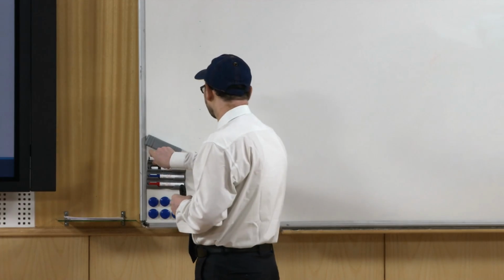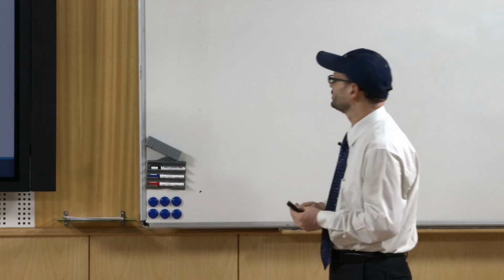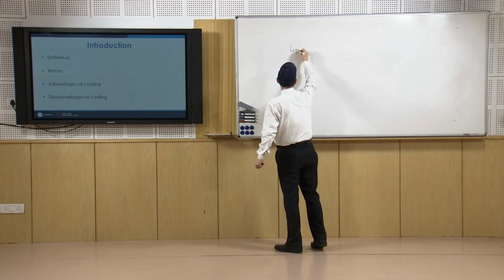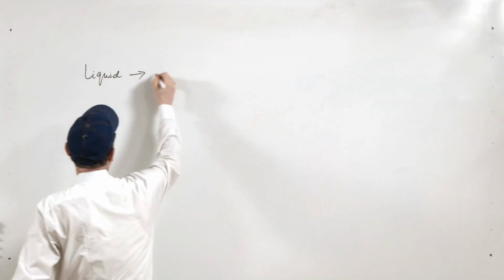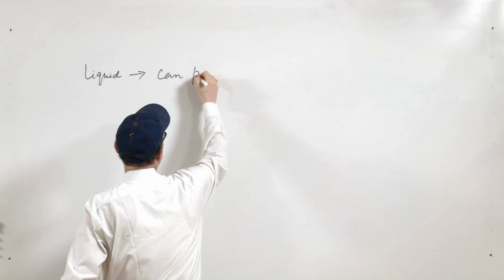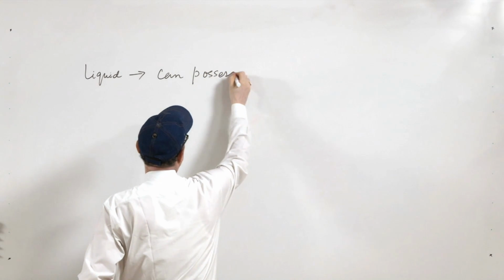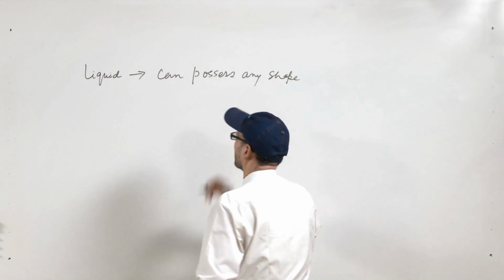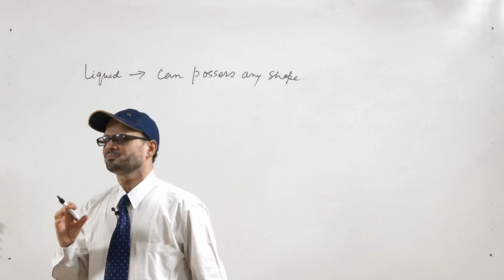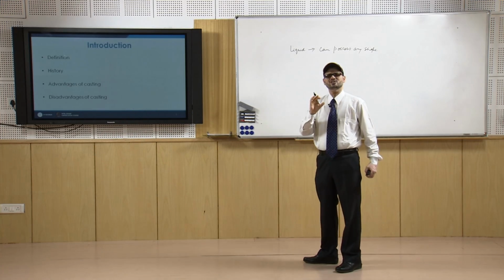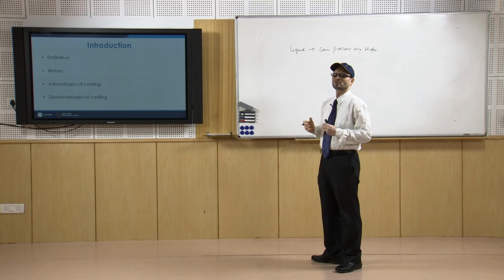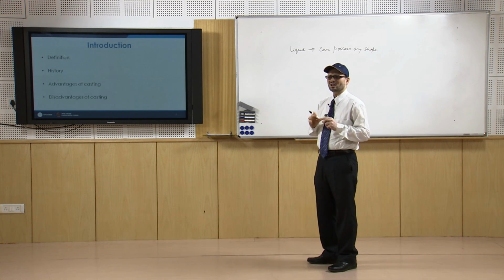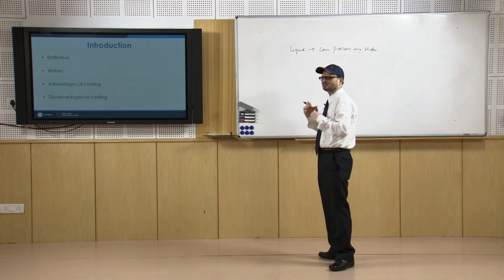So, what we see is, normally we see that a liquid can possess any shape. However, for giving the metal a certain shape, you will have to bring that flowability into the metal, or it has to have the fluidity.